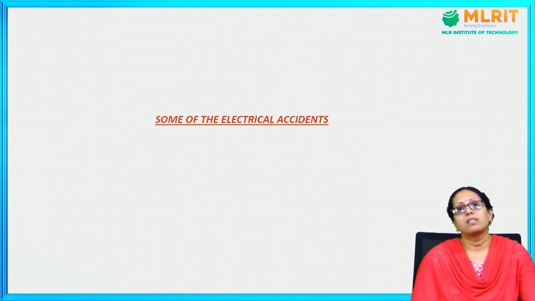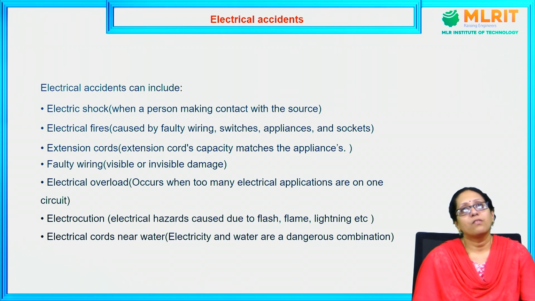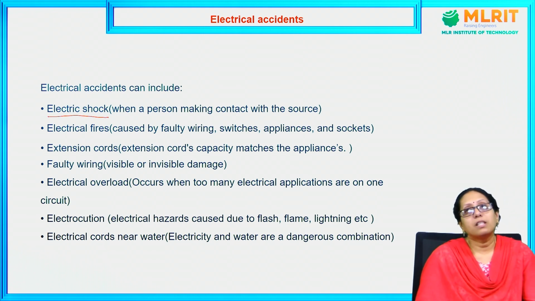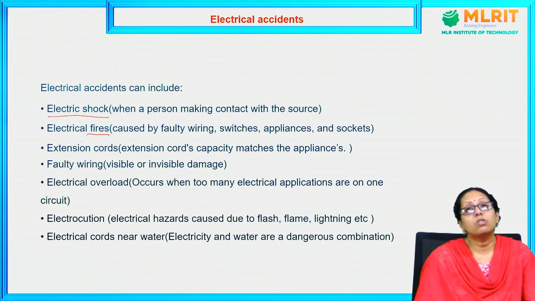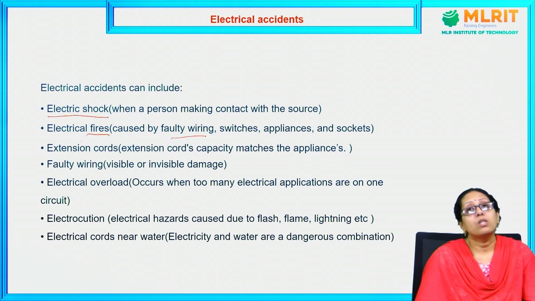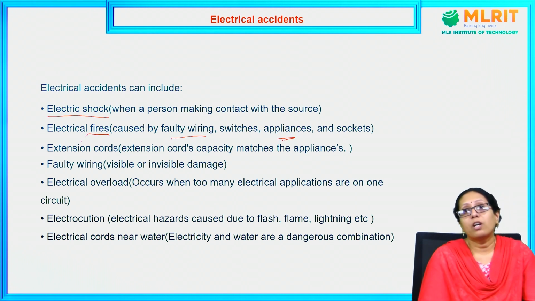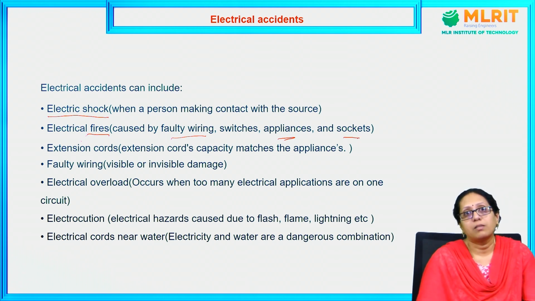Next are some of the electrical accidents which may be caused. The first one is electric shock, when a person is in contact with the source. Second one is electrical fires, which may be caused by faulty wires or switches, or faulty appliances which are not grounded properly, or loose sockets.